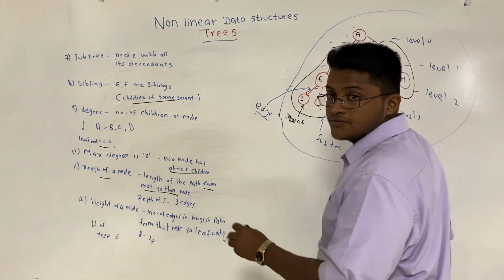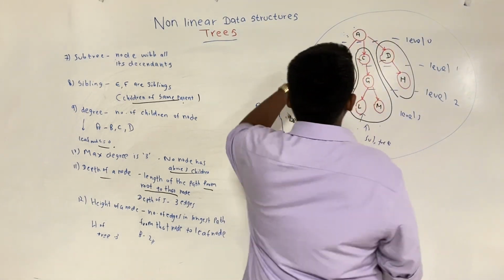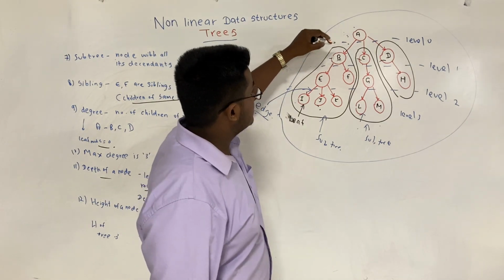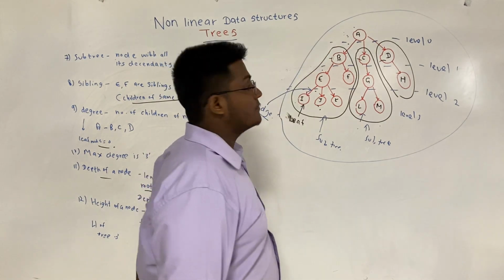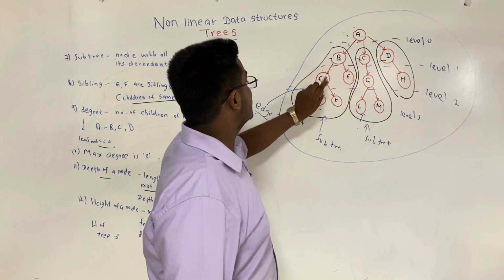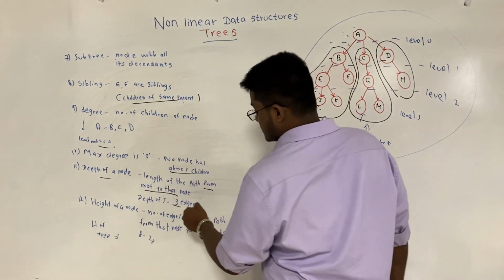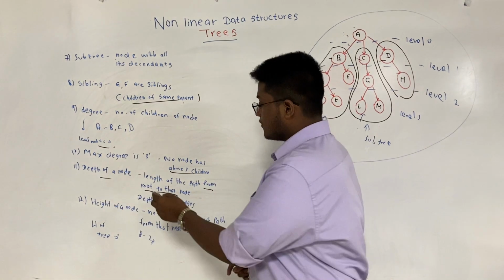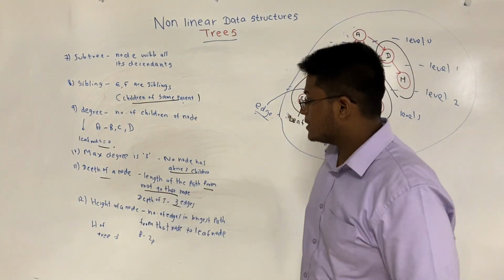From the root to that node, right? The root is A and we are taking J here, right? 1, 2, 3. 3 edges, right? That is meant by the depth of the node, right?